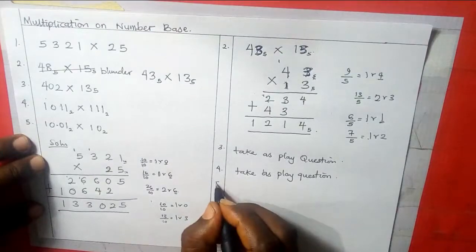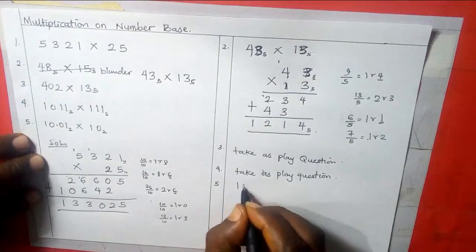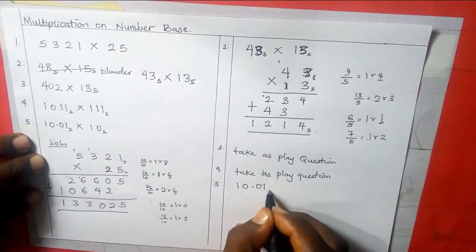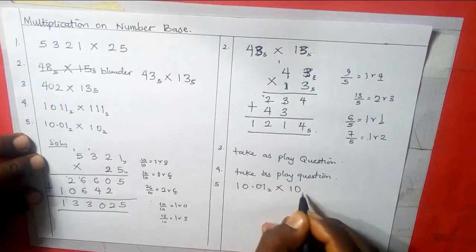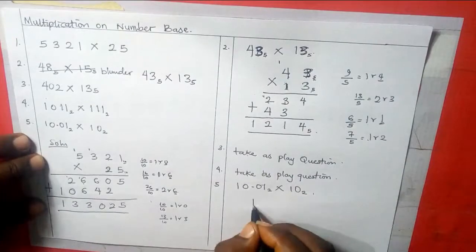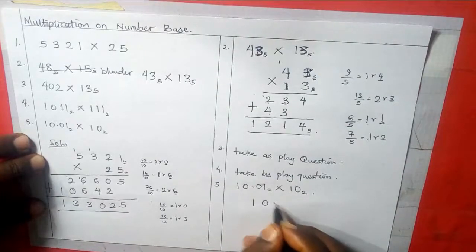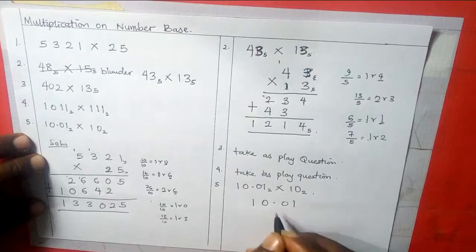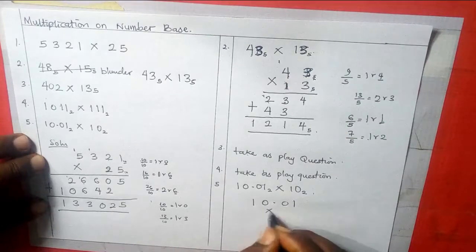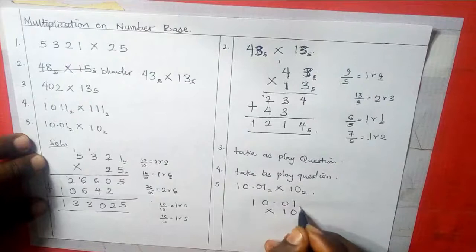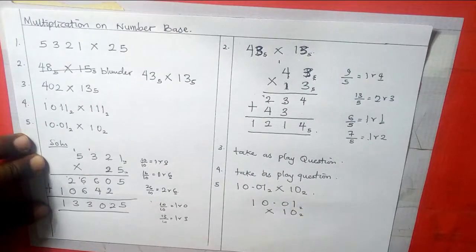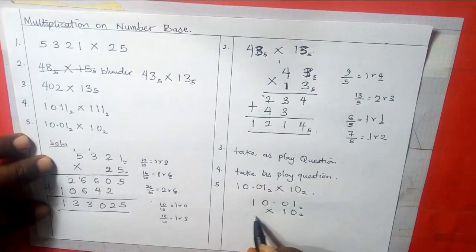So question number 5, I have 0.01 base 2 multiplied by 10 base 2. How do I solve this?